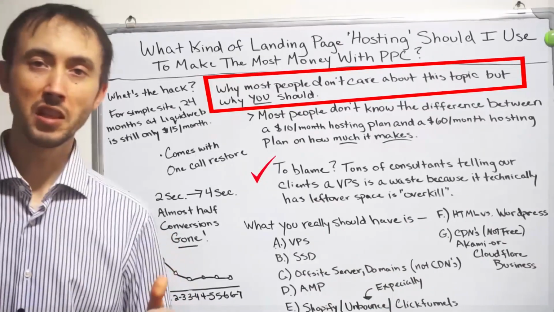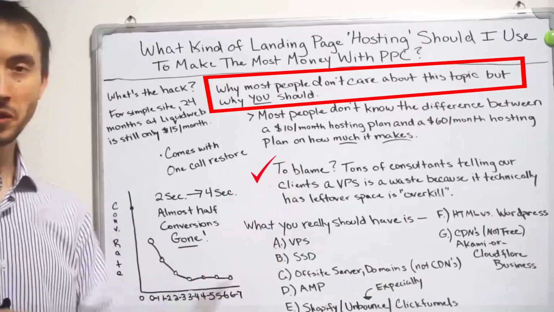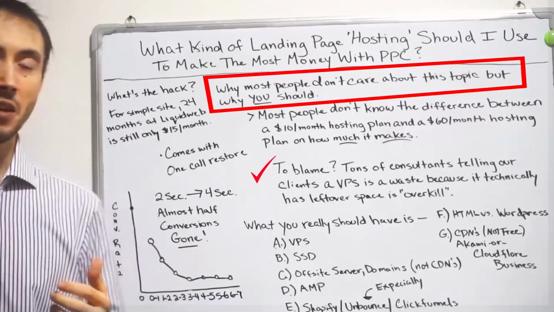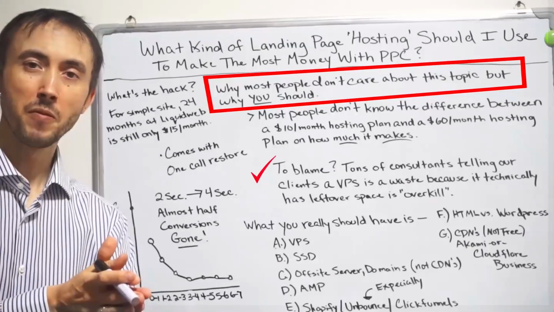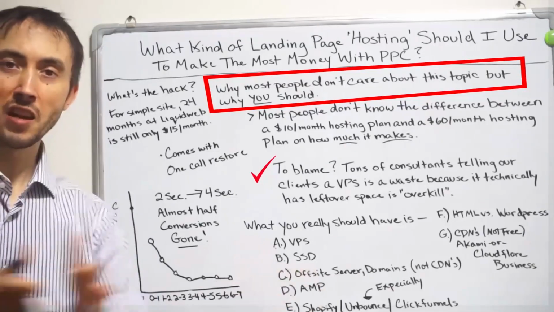Shared hosting is the word for these $10 a month hosting plans like GoDaddy or whatever. What you're doing there is the company's ramming you on the same part of the web server, and you're sharing it with everybody else.